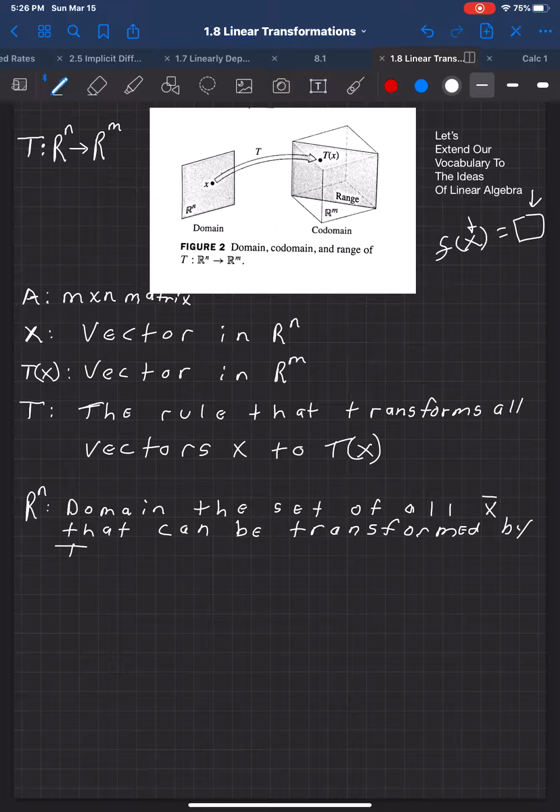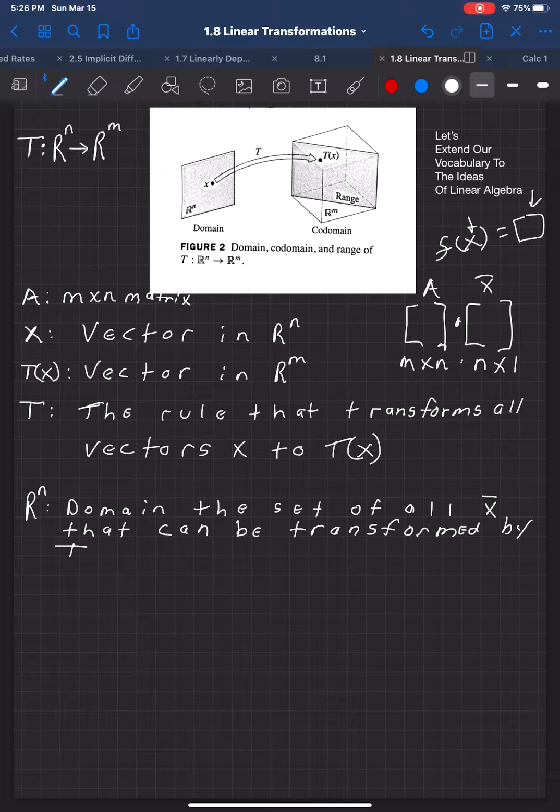Okay, and to stay there for just a second, remember, there are some basic rules of multiplication when you're dealing with matrices. This time it's going to be an m by n matrix A multiplied by an n by 1 vector, so a column vector.